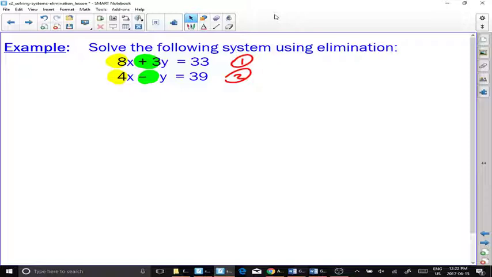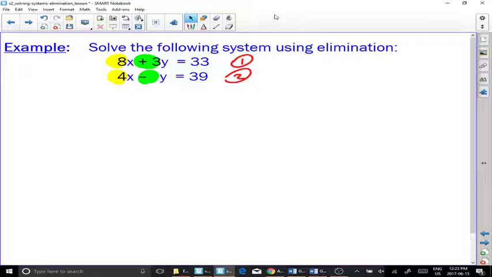So the sign doesn't really matter right now. We just want the numbers themselves to be the same. So the question is, can we do something to either equation 1 or equation 2 to make that true? And when I say do something, what we are doing is either multiplying or dividing. So can we multiply or divide one of these equations?